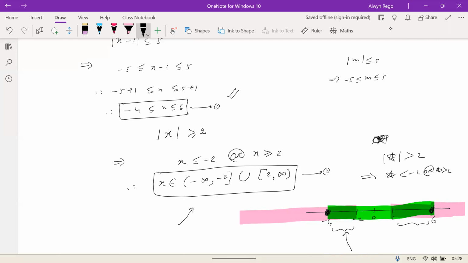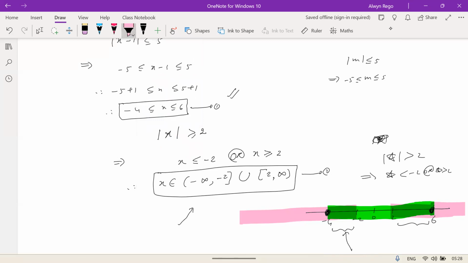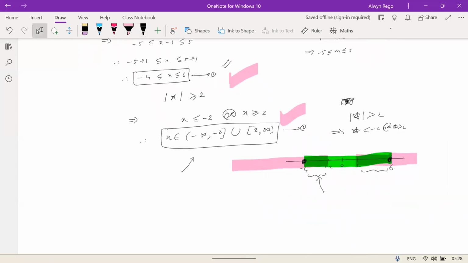So if you have to satisfy this one and this one, you must pick the value which is commonly satisfied by both of them.